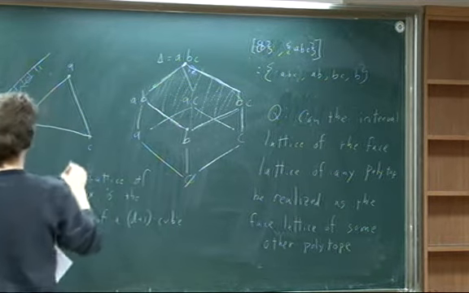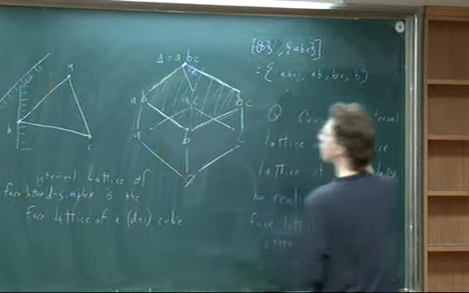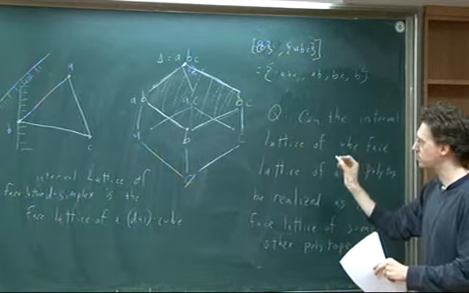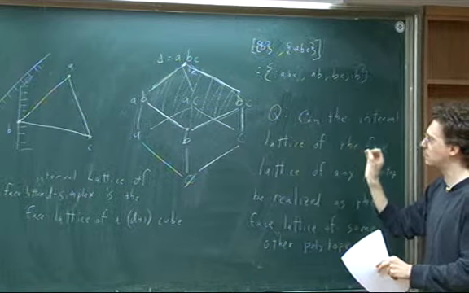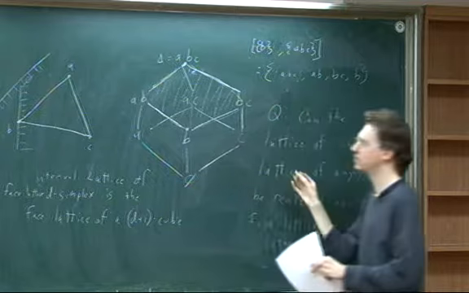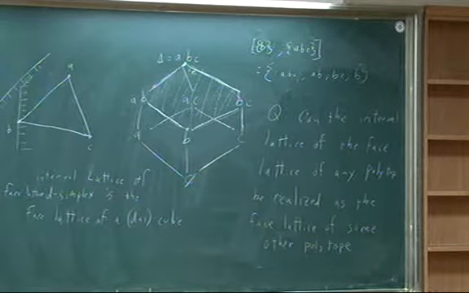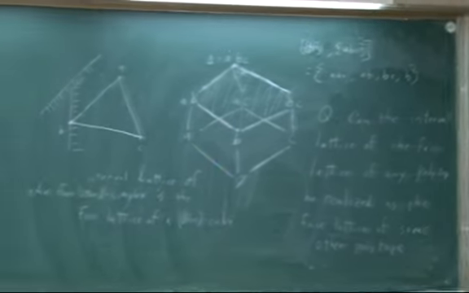You start with your original polytope, you get a vertex for each face. You arrange them so that you take the convex hull, you get a new polytope, and the faces of this new polytope appear one for every interval in the face lattice of your original polytope. This is what we're looking for.